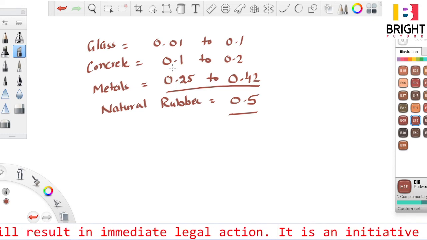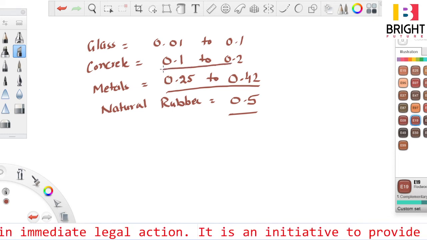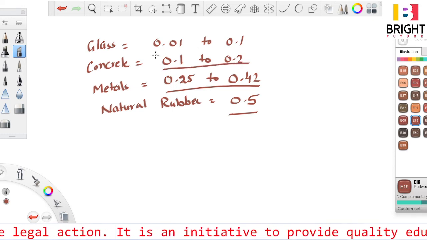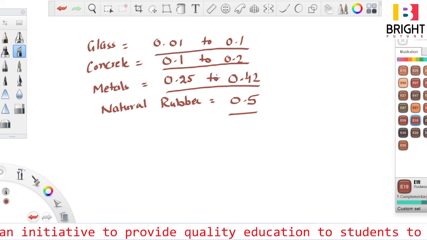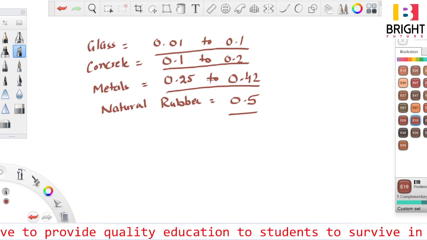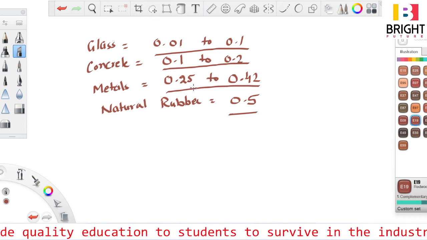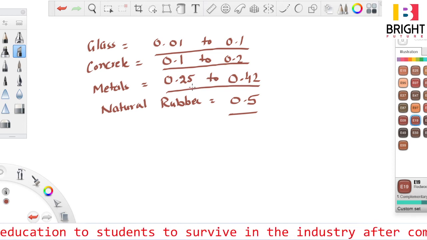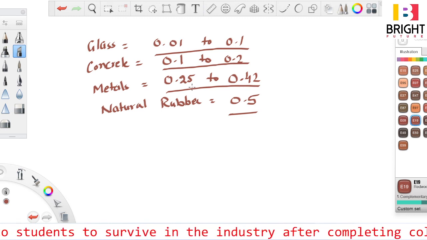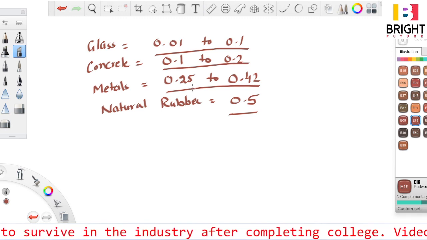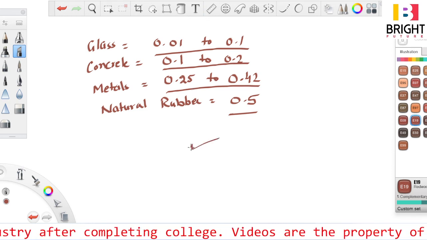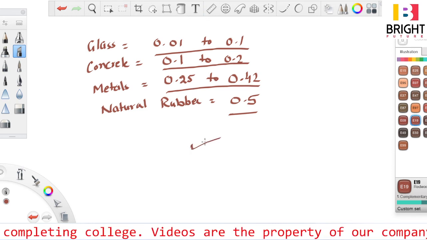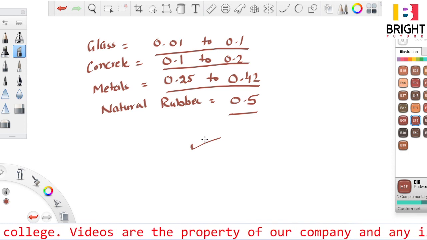I will solve some questions where one will ask whether this particular material is a metal or concrete or glass. Then by solving those questions we find the value of mu, and from the value of mu we are able to identify what kind of material it is, right? So it was all about Poisson's ratio and its usage.